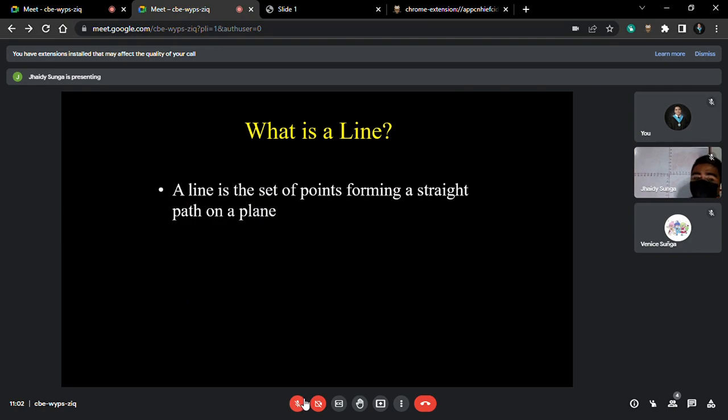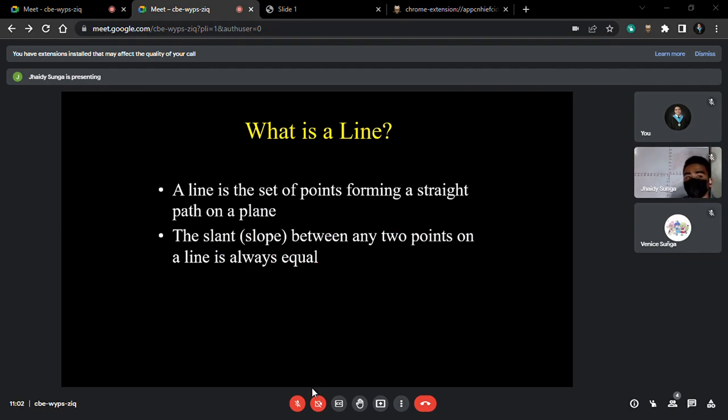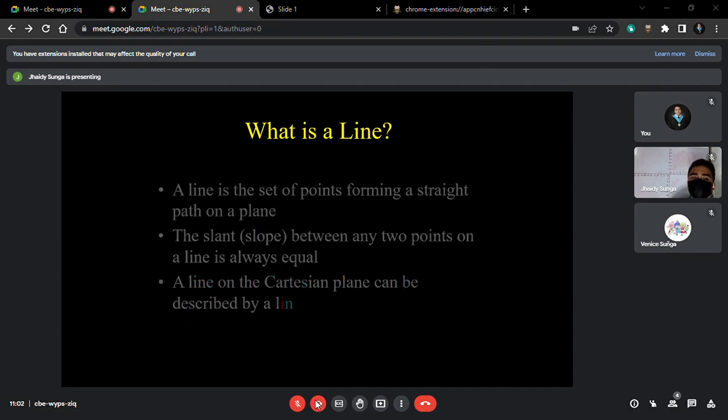What else, Sir Jai? We also define that the slant, or the slope between any two points on a line, is always equal. Always remember that it is always equal. Also, a line on the Cartesian plane can be described by a linear equation. This might be a new term for you: linear equation.